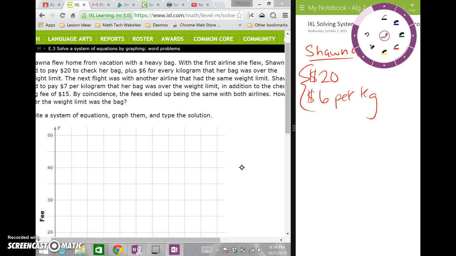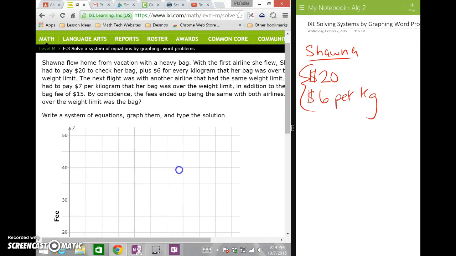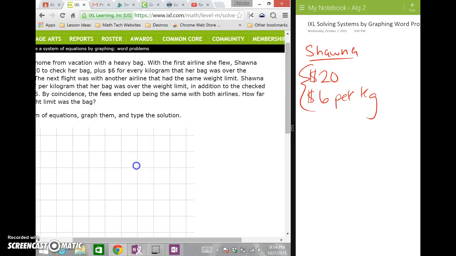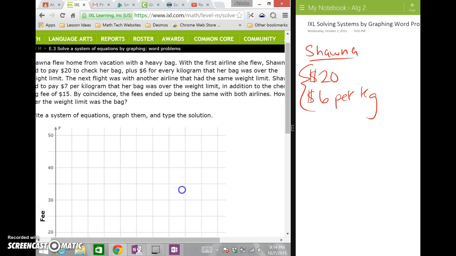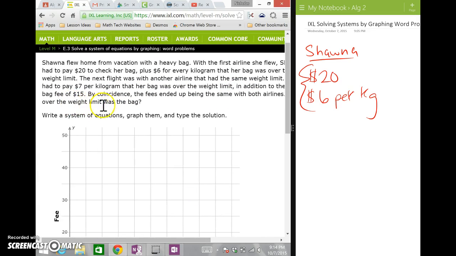Okay, choose a new color. Now the second airline, the next flight, with another airline that had the same weight limit, Shauna had to pay $7 per kilogram that her bag was over the weight limit, in addition to the checked bag fee of $15.